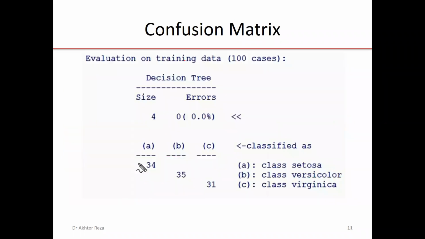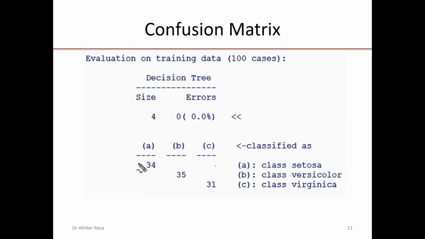Now, evaluation on the training data set: the confusion matrix. The confusion matrix is identifying 34 elements of A to A, meaning setosa, 35 elements versicolor and 31 elements virginica. So 100% accuracy, 0% error, means all elements are correctly identified.